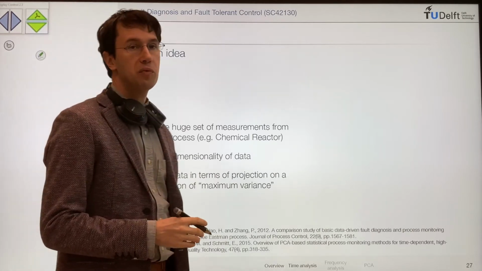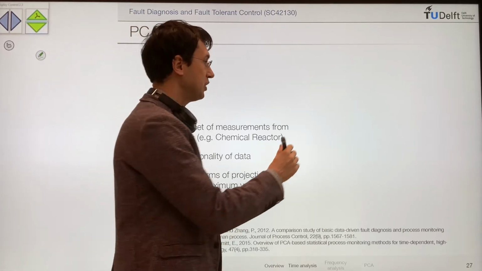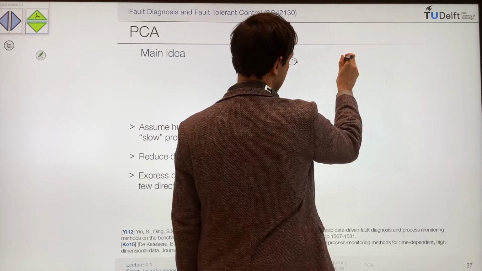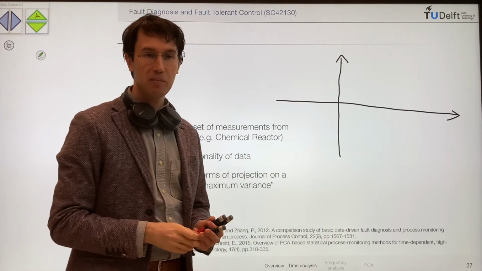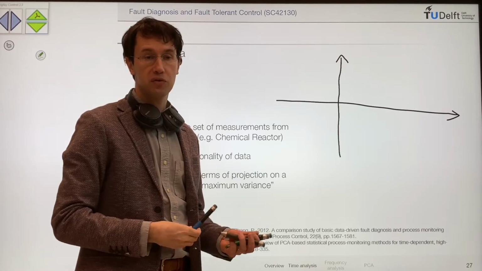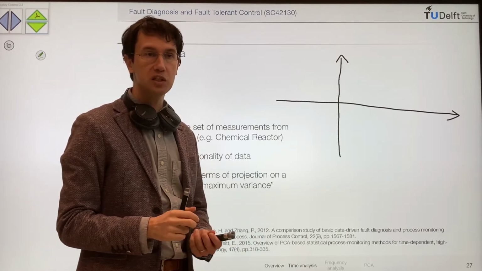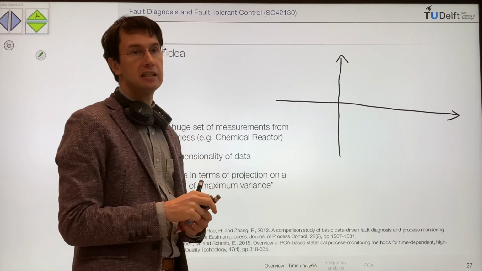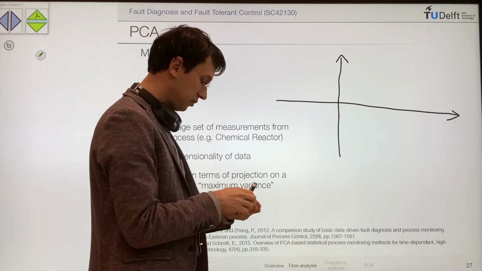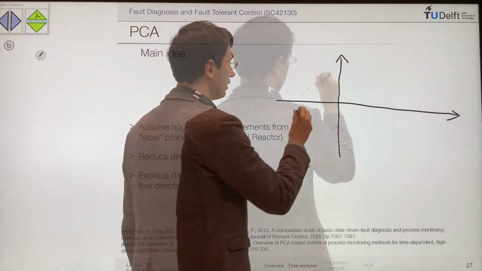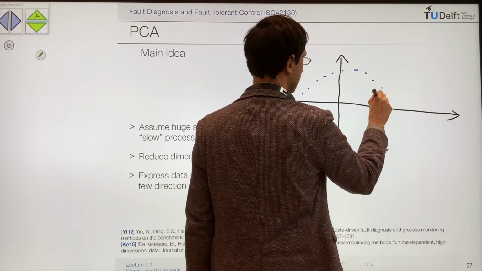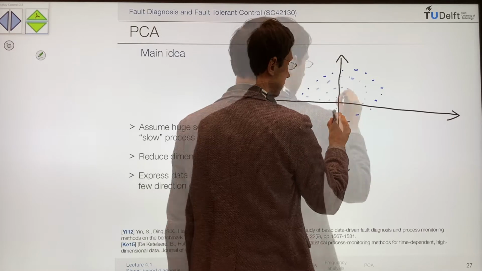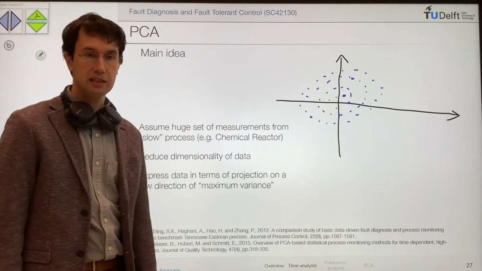So let us assume we are just in 2 dimensions. And similarly to the example we have shown for the Mahalanobis distance definition, if you look at data that is normal, then it is going to be distributed as an ellipse. So if you take a lot of samples, nominally they are distributed like this.